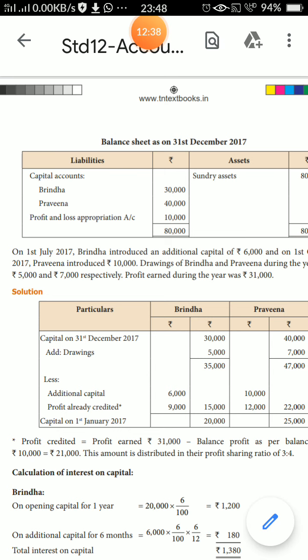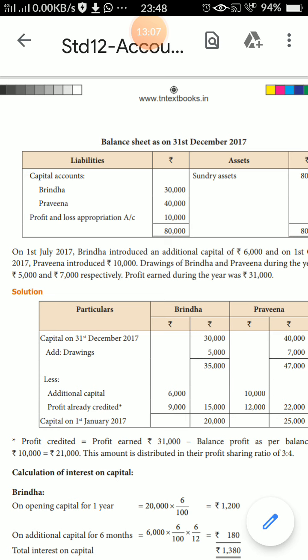Listen students, follow this line very carefully. First, profit and loss appropriation is 10,000, but the last line says the profit earned during the year was 31,000. When profit earned is given, the credited profit is deducted from the earned profit.